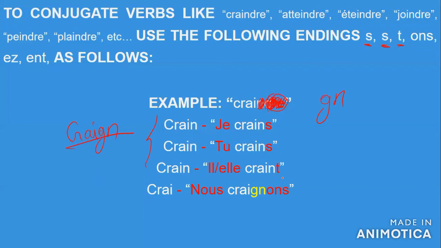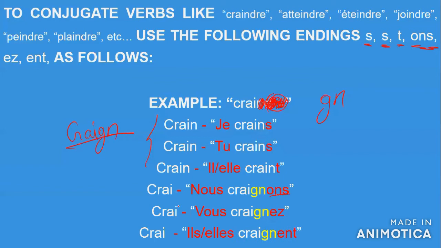By having this, you will have the ONS, which is your termination for the conjugation of this verb. Then after that, vous craignez. Remember, we're using craign. The last ones will be craignent as well.